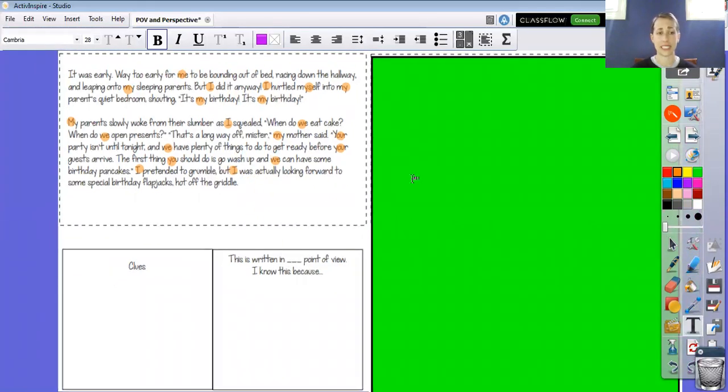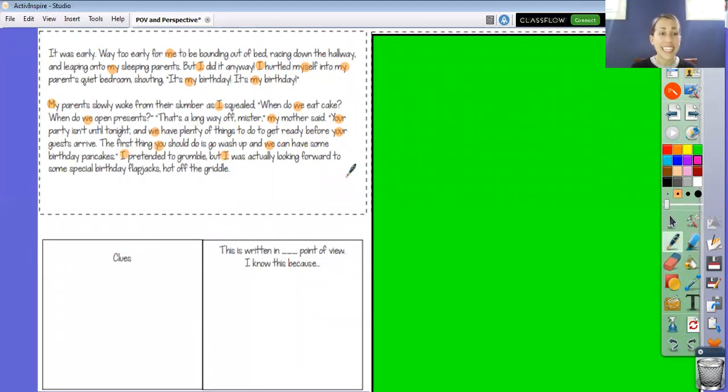So looking at this, you can tell from reading this that John is telling the story because it's everything that he did. So it says, I hurtled myself. It says, I squealed. It also says, I was looking forward to it.